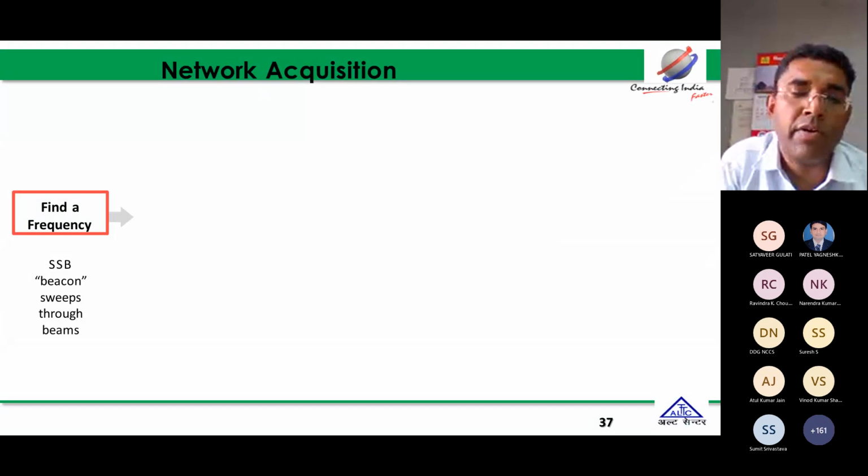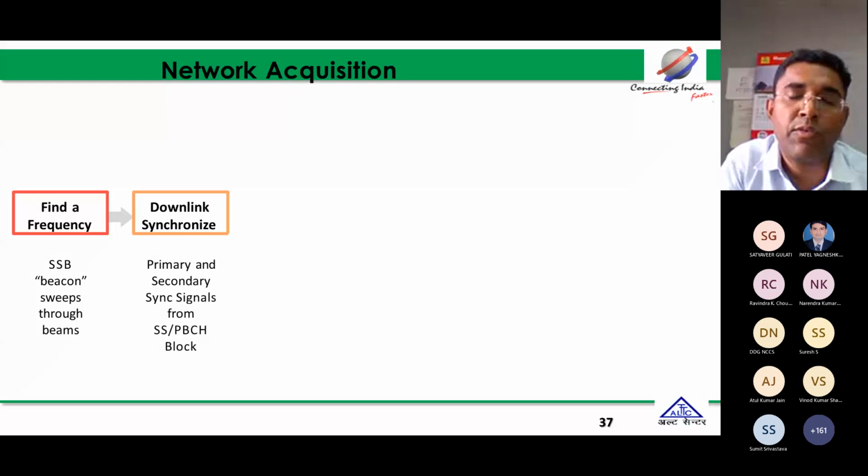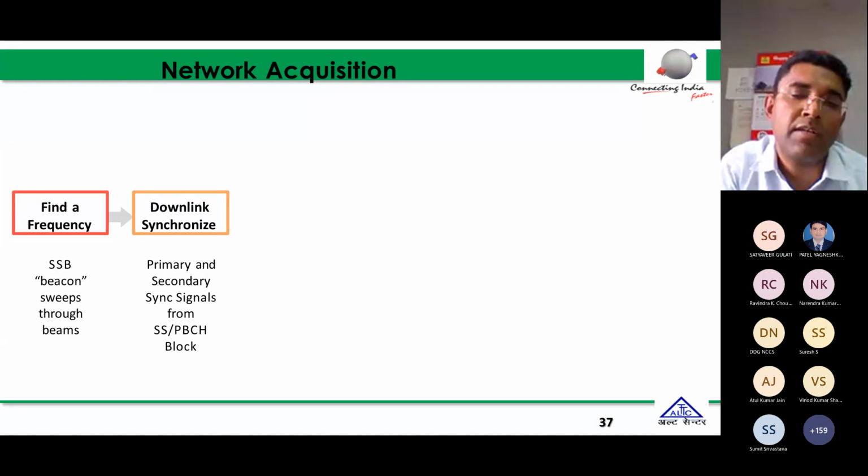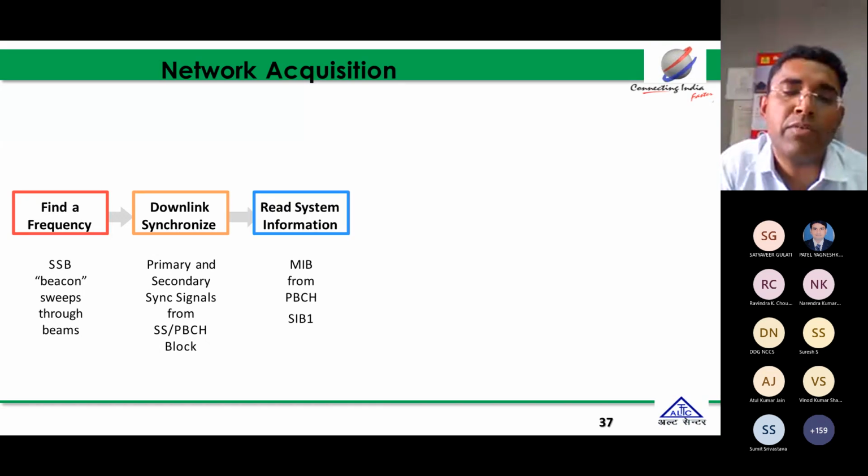First the UE finds the frequency; this is the acquisition, how the UE acquires the network. Then it synchronizes downlink with the primary and secondary synchronization signals from the SSB block. After synchronization, it reads the information from the broadcast channel.